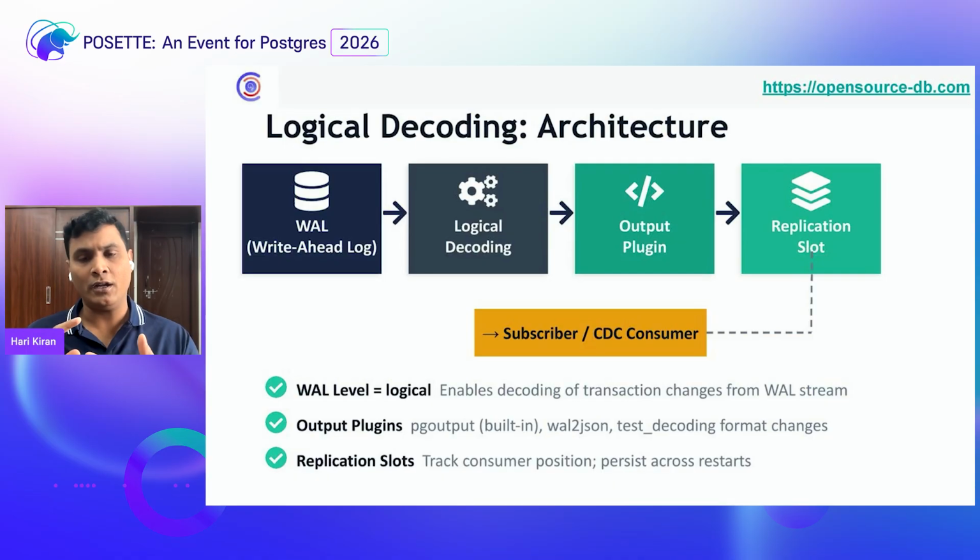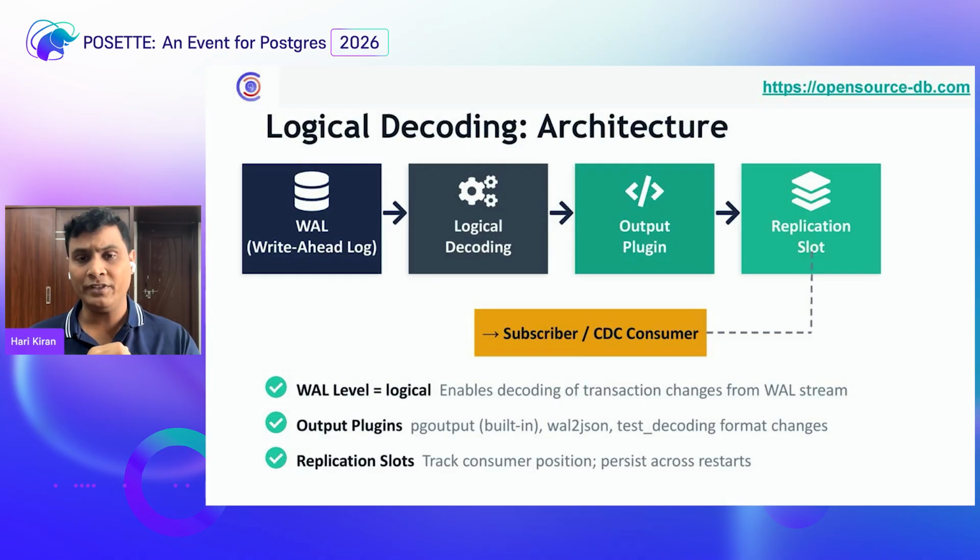The slot persists across server restarts, which is a powerful feature for planned outages. But it's also something you need to monitor carefully, because an inactive slot will prevent your WAL from being cleaned up, which will bloat your storage. We'll come back to that slots aspect in our performance section.